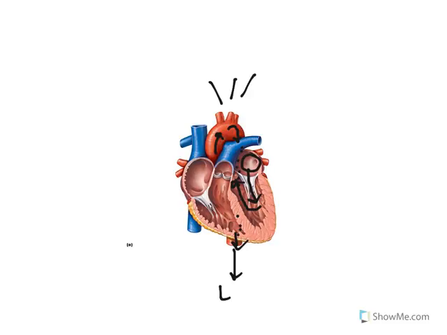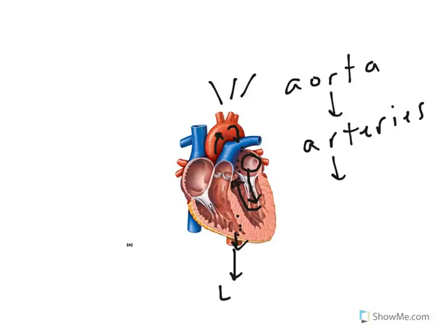So the flow of blood now is systemic. Same thing that we saw before. We have aorta, which then branches into the arteries of the body, and the arteries will then branch into smaller arteries, which are called arterioles, just as we saw before.